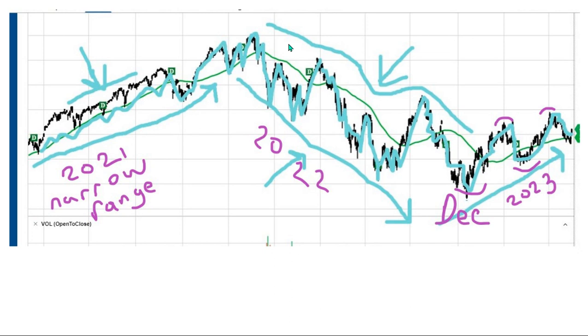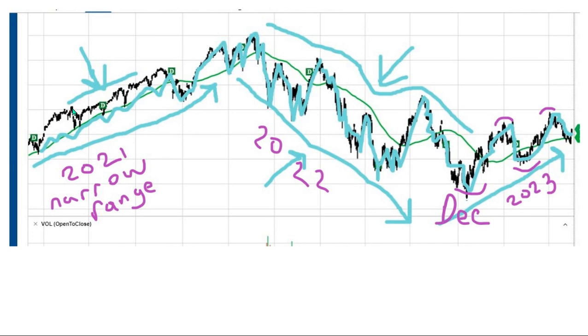And then in stage 3, where we had these highs, but then a weak new high and a lower high, this was stage 3 into stage 4 in 2022. You can see just between this line and this line, the range of that price. And that range equals volatility.